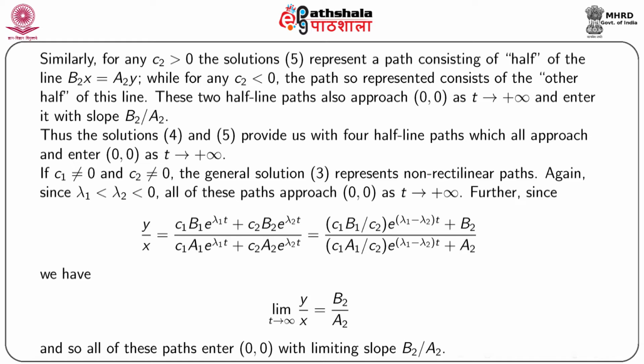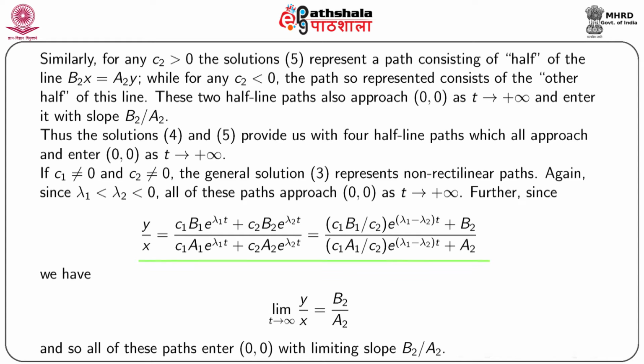Further, if we calculate this ratio y by x, which is equal to C1 b1 e to the power lambda 1 t plus C2 b2 e to the power lambda 2 t divided by C1 a1 e to the power lambda 1 t plus C2 a2 e to the power lambda 2 t.